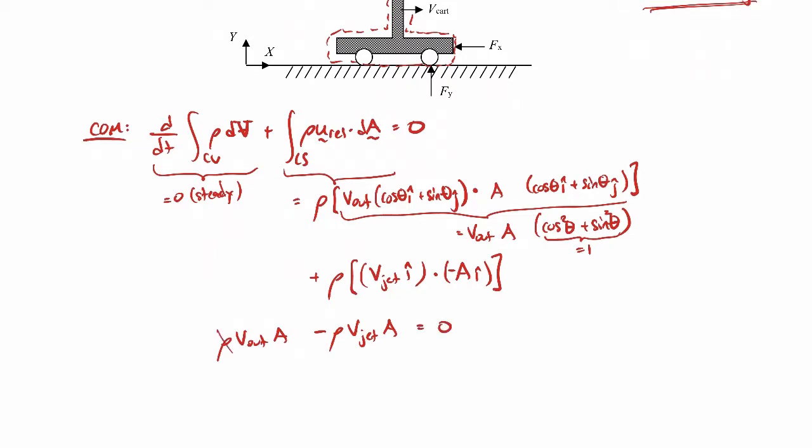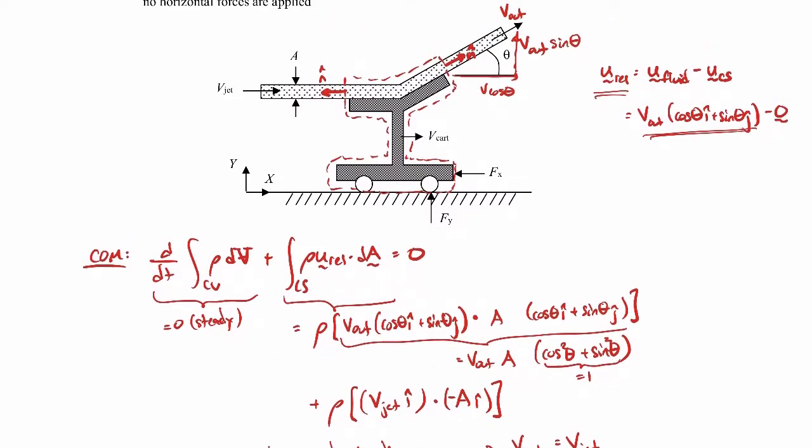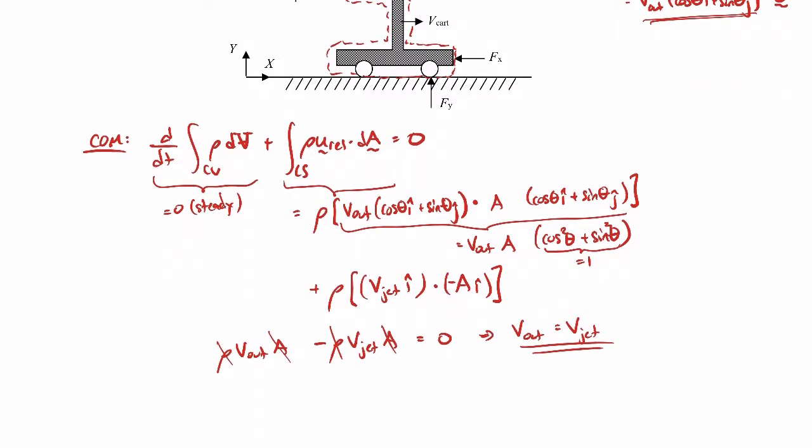You see the density and the areas cancel out, and so you see that V out is just the same as V jet. So you could have probably figured that out right away just by looking at the problem, that because of conservation of mass, the mass flow rate coming in here should be the mass flow rate going out there. So the V out had to be V jet. But I just showed it through conservation of mass just to prove that that is the case.